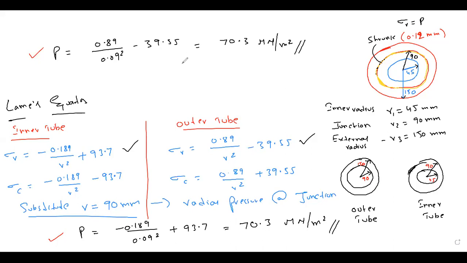Understand? So the second one is so simple. What are the circumferential stresses in the two tubes? What is the second problem asked in the question? Calculate the circumferential stresses developed in the two tubes after shrinking on. Right?